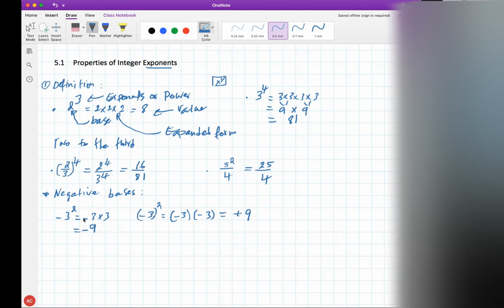Just write it down, bring it down, then expand this. But if you have parentheses, whatever is inside the parentheses, the whole thing is the base to the power. If you don't have parentheses, only what's directly under the power is the base. For example, here 5 is the base, not the 4. So these are different.